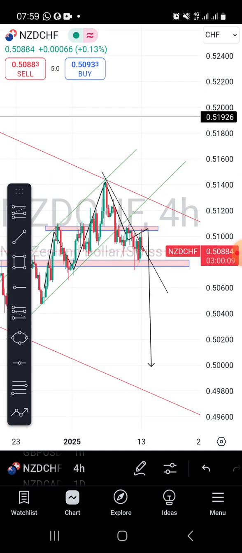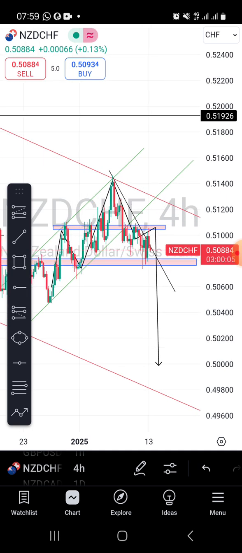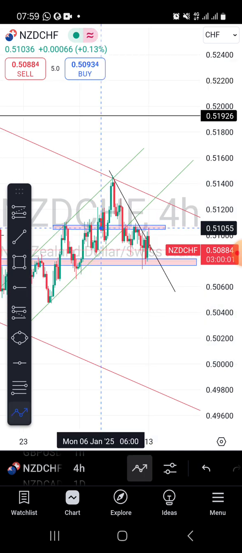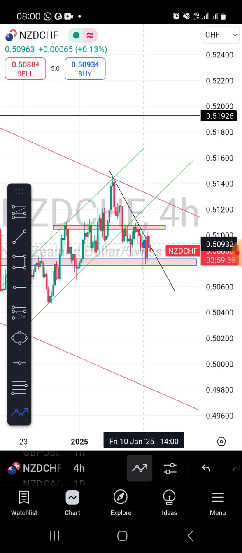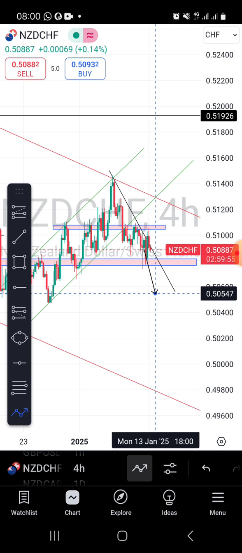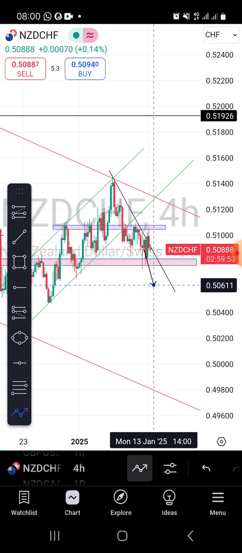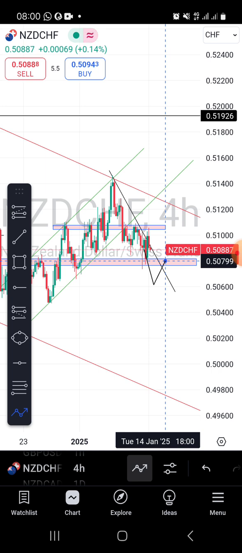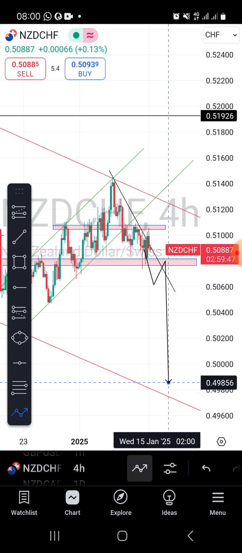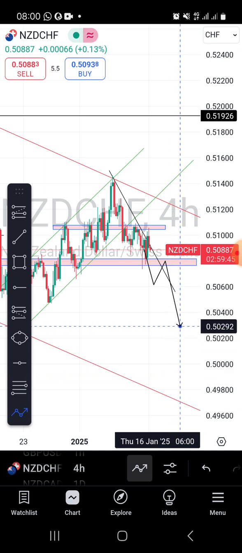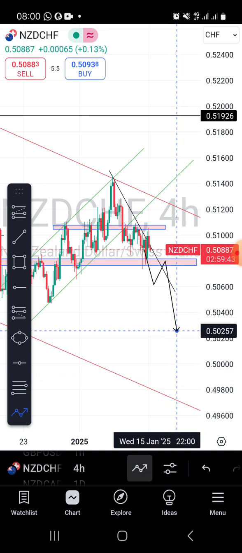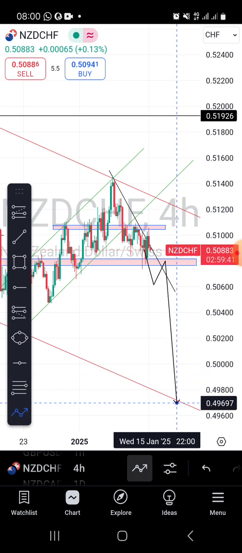So what is our possible entry? Our possible entry on this trade is, let's hope the market breaks through this support level down to a level like this, then goes back for a possible retest. Then we take our sell to either this level here or down to this level.